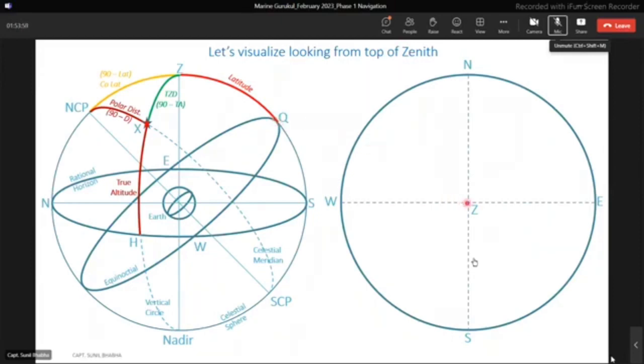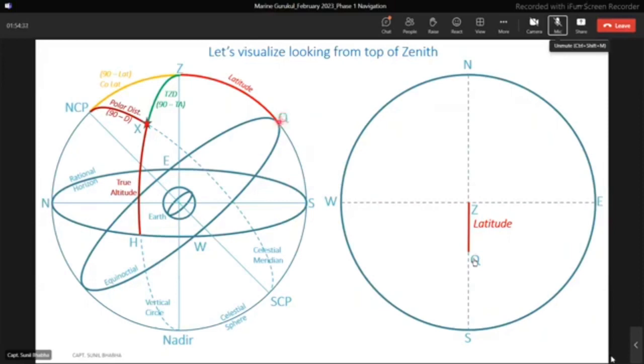So from the zenith, when you move towards the S point and you move a distance equal to the latitude, you reach up to the Q point here. So from the zenith towards the south point, we moved an arc or distance equal to the latitude, we reached at Q point. So this Q point represents the Q point here in this diagram.